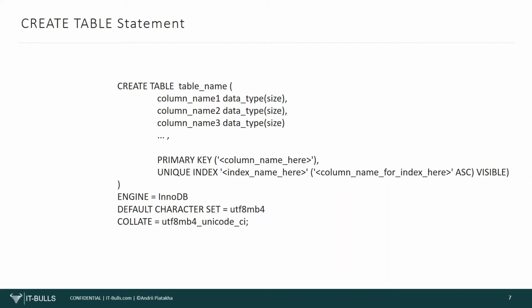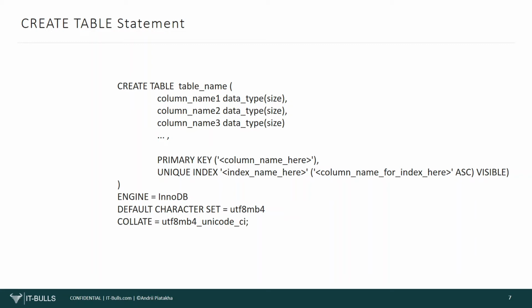And if we need, we can create an index by specifying its type, column name, sorting, that might be either ascending or descending, and its visibility, just to remind you that it might be visible or not visible. In case you're not familiar with indexes in databases, please make sure you watched the previous lesson in this course about indexes in databases. We reviewed all properties of indexes in detail there.